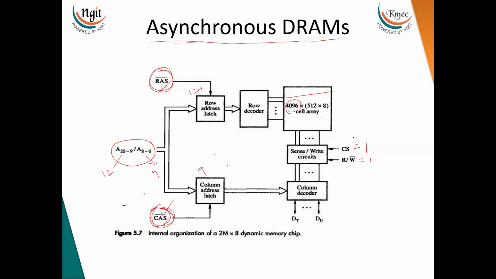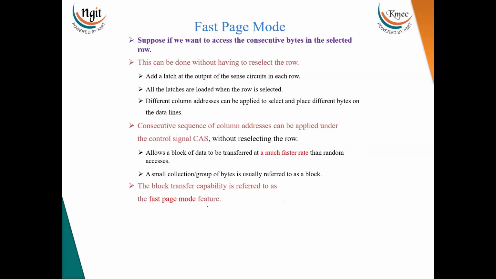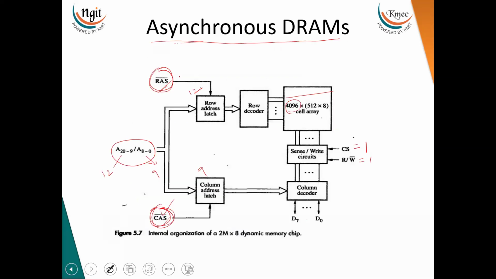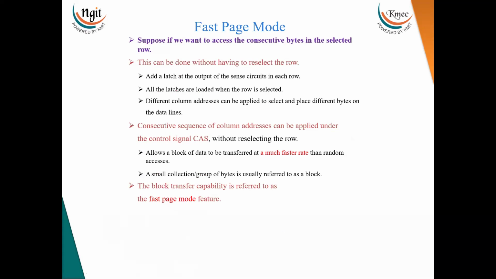If we give the CAS once more, the third location's content will be placed, and so on. However many times we provide the CAS signal, it will place that data on the data bus. That is the fast page mode. For that, apart from this circuit, we need to add latches at the output of the sense circuit in each row.